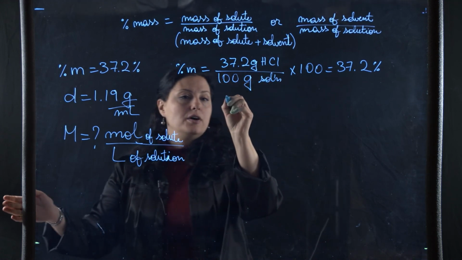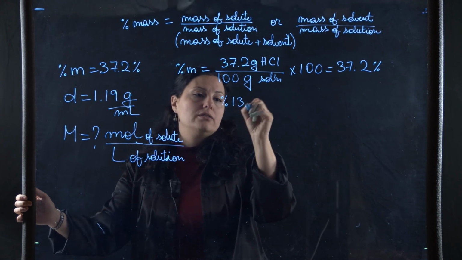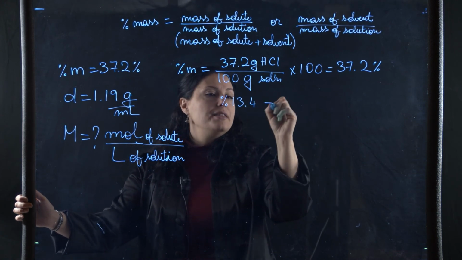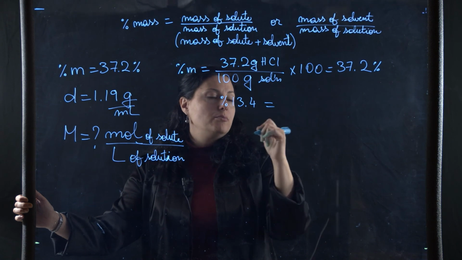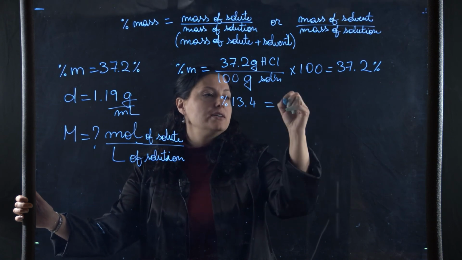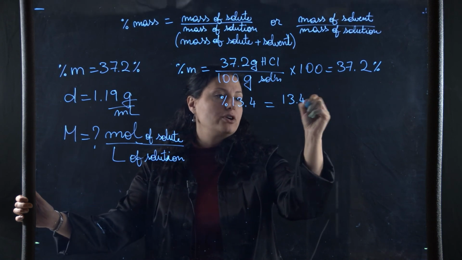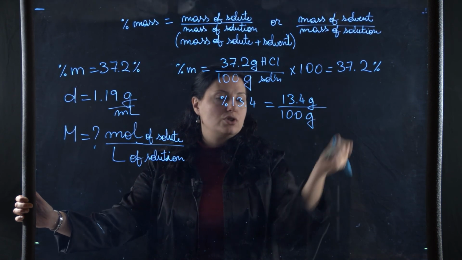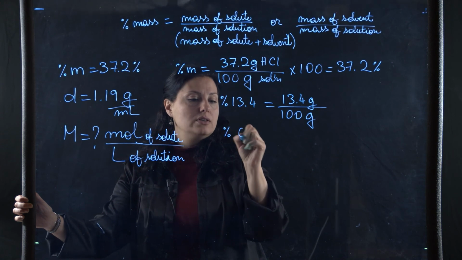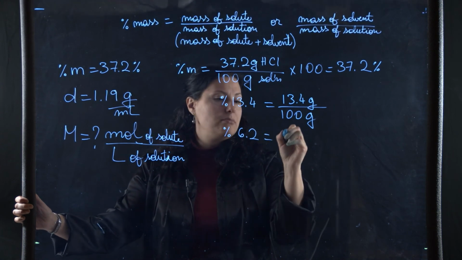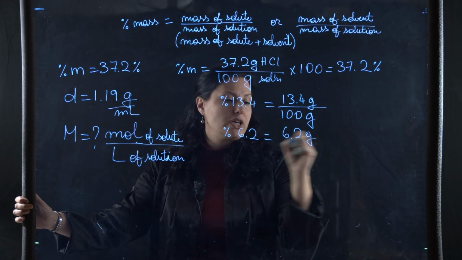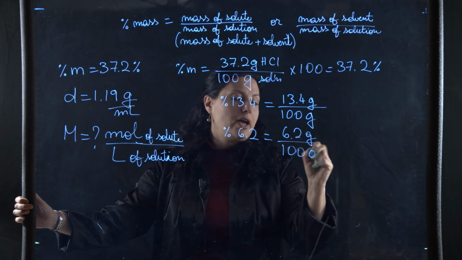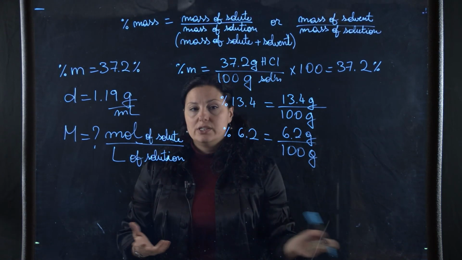If I have a 13.4% solution by mass, that tells me I have 13.4 grams of solute over 100 grams of solution. If I have 6.2% by mass, that means I have 6.2 grams of solute over 100 grams of solution, etc., etc.